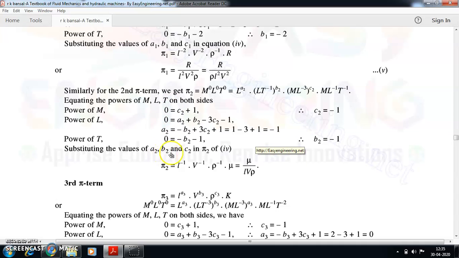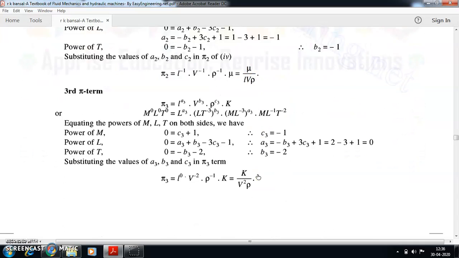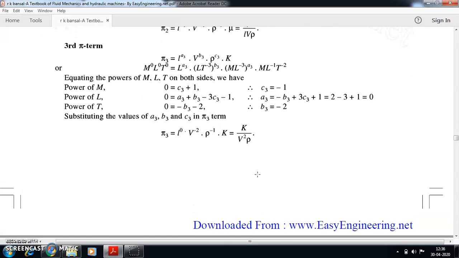You get the values of a2, b2 and c2, and so pi 2 is mu by L V rho. Similarly, work out the third pi term and get the values of a3, b3 and c3. The method remains the same, only the values change. So you get the pi 3 term as K divided by V square, divided by rho.